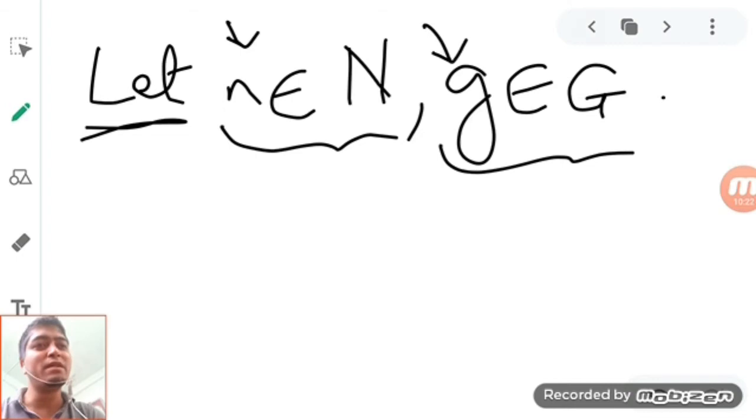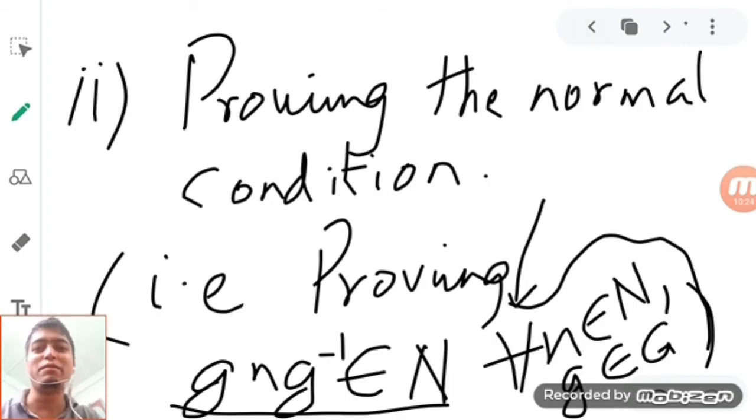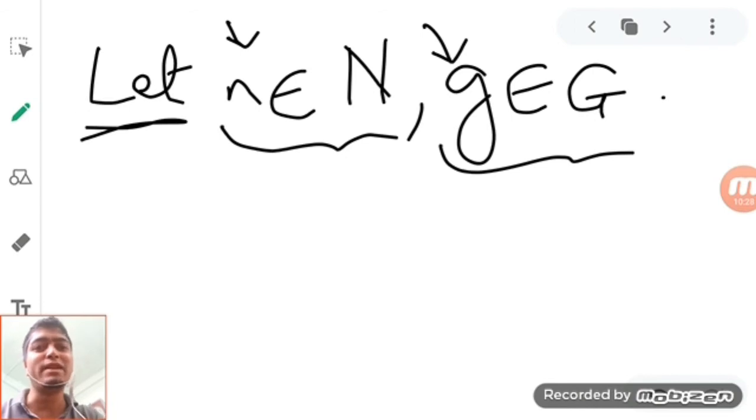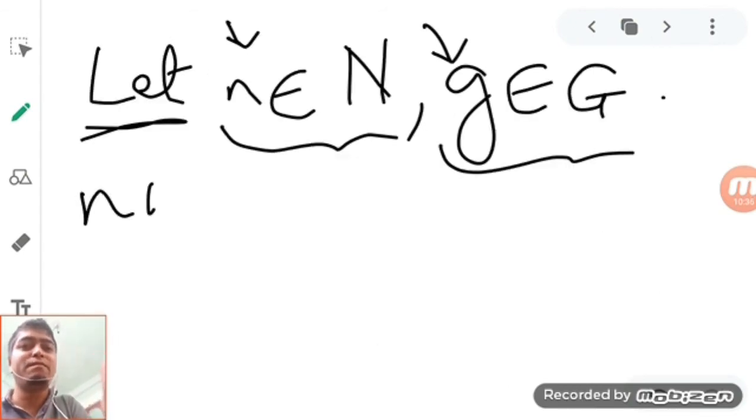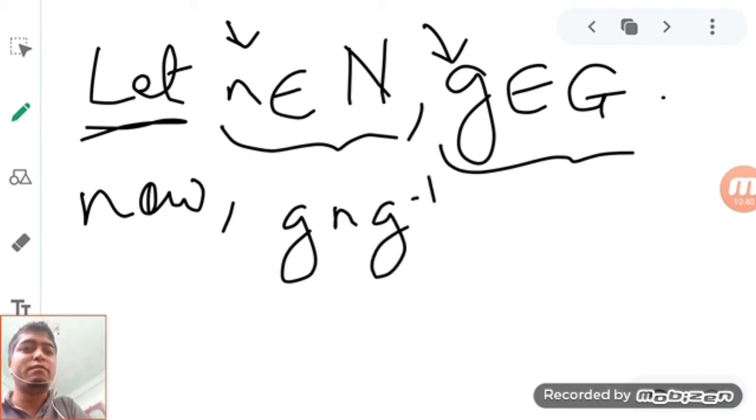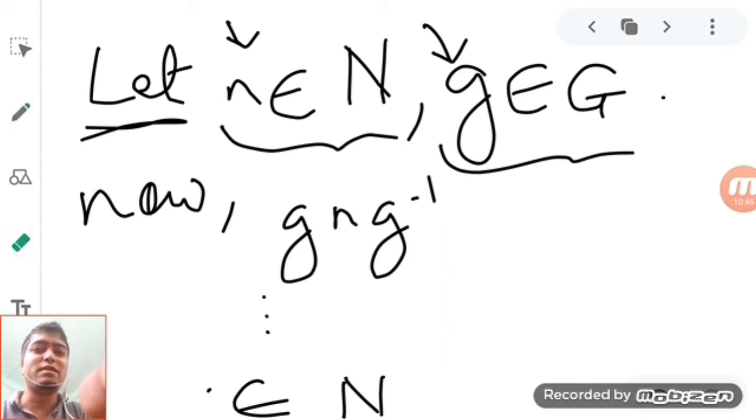Similarly, because it is for every element of G, but we don't know what the elements of G are, we are just denoting it with the letter g. Now what we need to show is that g n g inverse belongs to N. After a few lines, we need to get it to belong to N. These few lines we will have to fill up, and we can fill them up in this way.